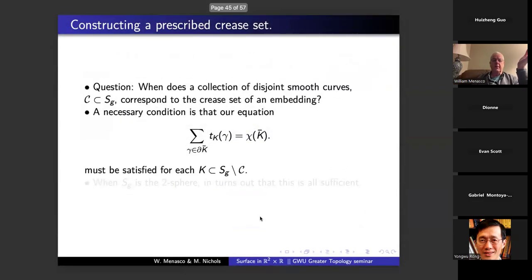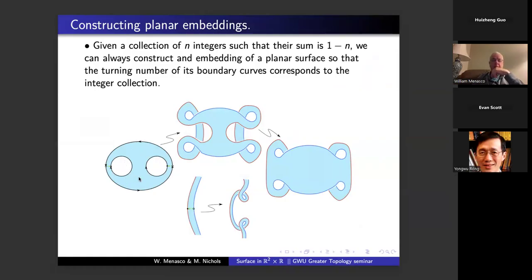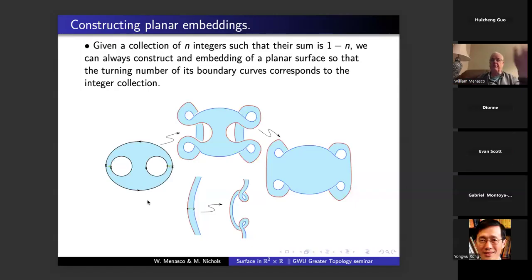So let me get to an example here. So here is a surface, and it's a pair of pants. And as I've drawn it here, I projected it flat onto the plane.